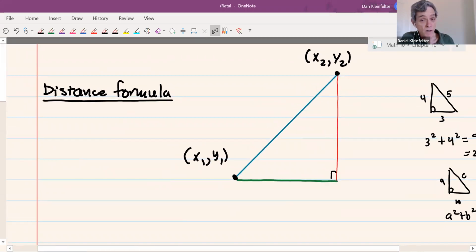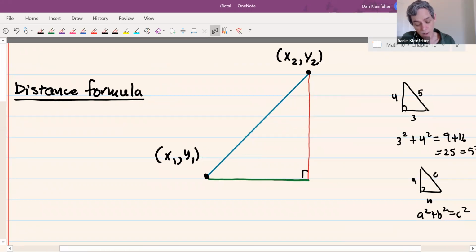We're going to use that right here to help us come up with the distance formula. To do that, it's helpful to have the coordinates of this point down here where the right angle is. If this is a right angle, the x-coordinate here will have to be the same as the x-coordinate at the top, so that will be x2.